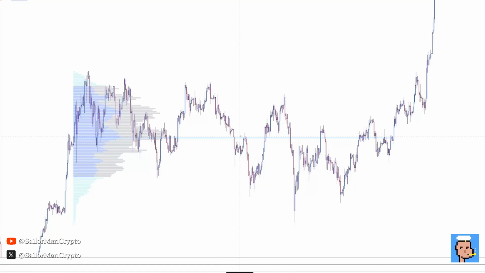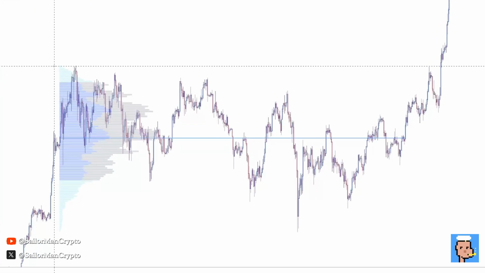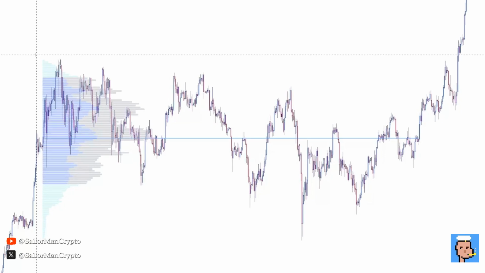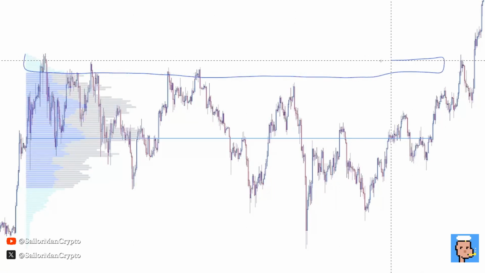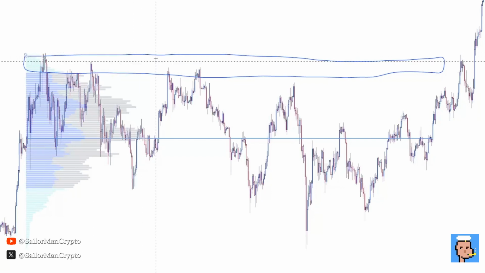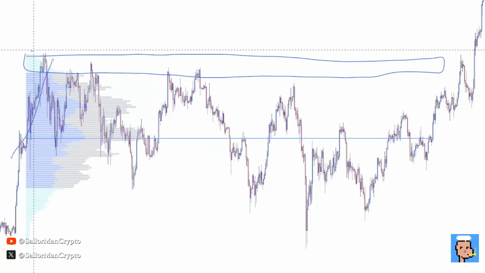But to take a step backward, why does a range form? A range forms because there is a sort of agreement among market participants, bulls or bears or whatever you want to call them, that price at the higher level of the range, so at range high, is an expensive price. So every time we reach that level, everybody wants to sell.